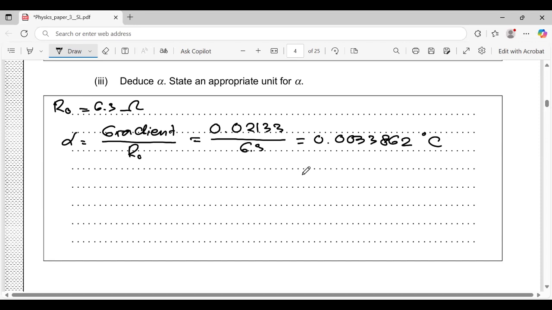Or it is 3.3862 times 10 to the power minus 3 per degree Celsius, or 3.4 times 10 to the power minus 3 per degree Celsius.